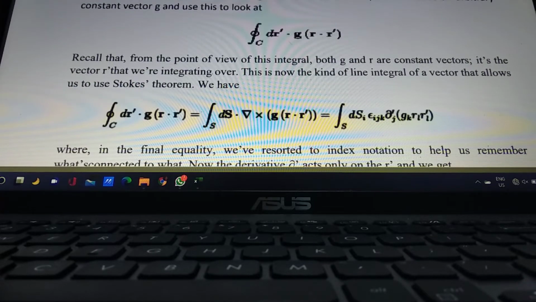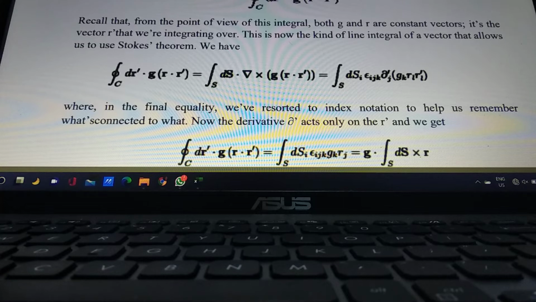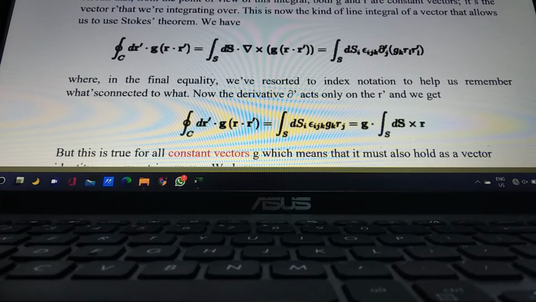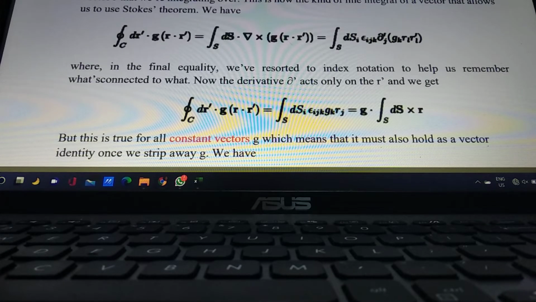We have the integral over C of dr' times g·r times r' equal to the integral over S of dS·∇×(g·r times r'), which is equal to the integral over S of dS_i ε_ijk ∂_j (g_k r_l r'_l), where in the final equality we restored to index notation to help us remember what's connected to what.